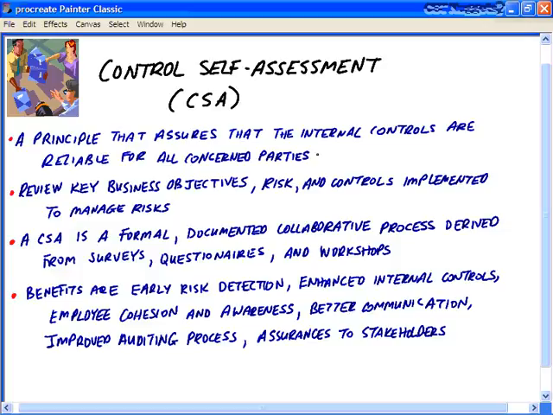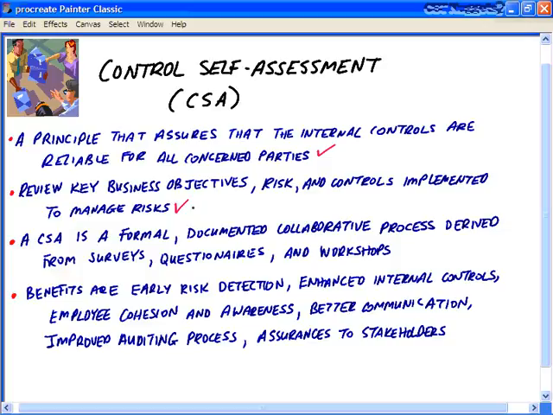The goal of CSA is to review the key business objectives, to review the risks and the controls that are implemented to manage those risks. And again, this process needs to be done all along the way to make sure that our auditing strategy is right on the mark.